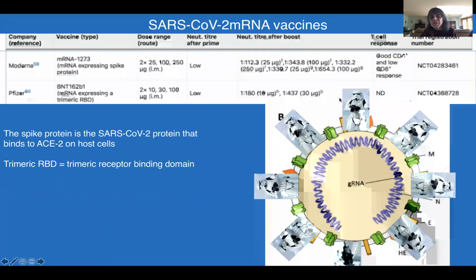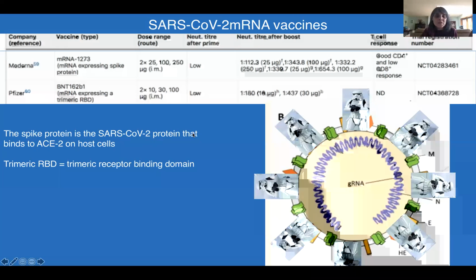I had to return to Star Wars, so I put my little stormtroopers here in place of the spike protein. The spike protein is the SARS-CoV-2 protein that binds to ACE2 on host cells, and it normally exists on the surface as a trimer. So here we have the data for the Moderna vaccine and for the Pfizer vaccine. They're both mRNA based.